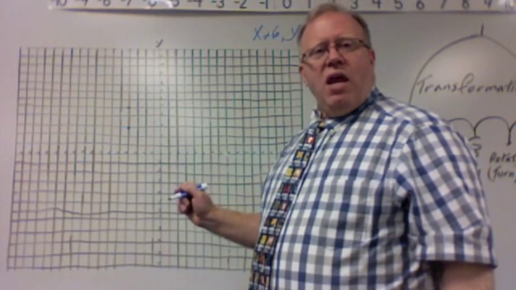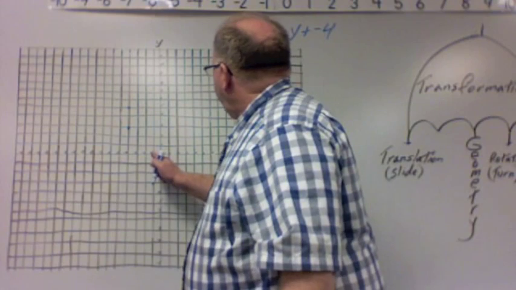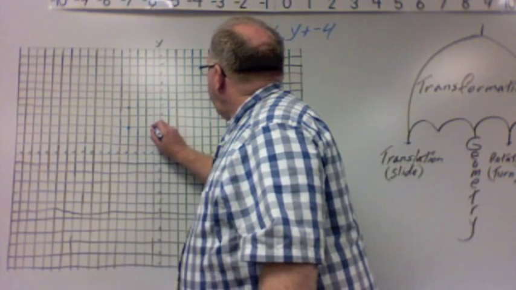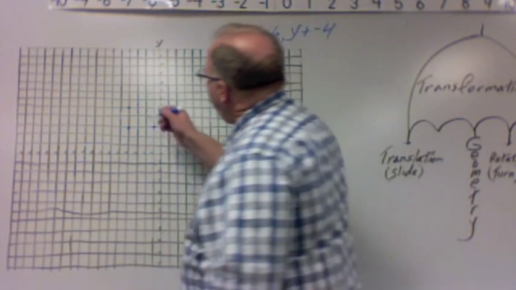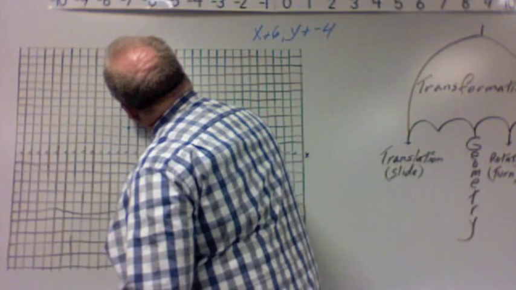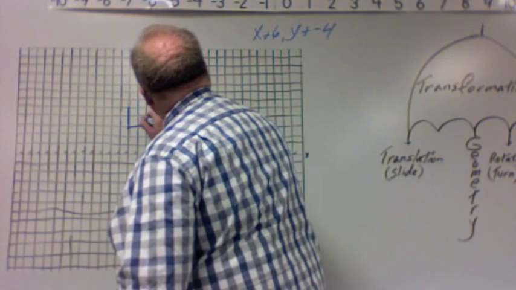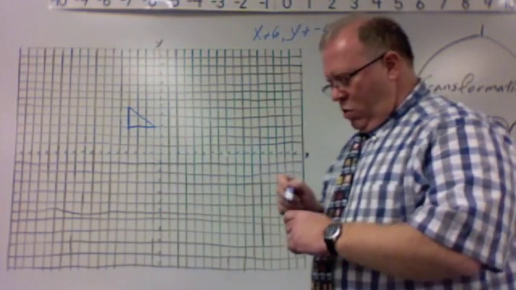And now we have -1. Let's go to -1 and 3. So -1 and up to 3. Okay, and you can see my 3 points there. Let me draw this in. And you can kind of get a better idea of what that is. There we go. Okay.